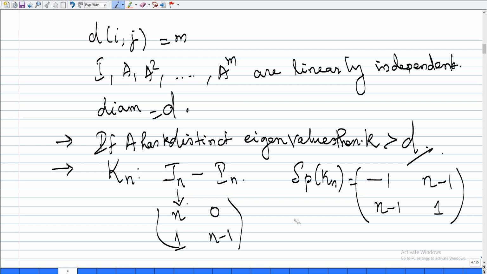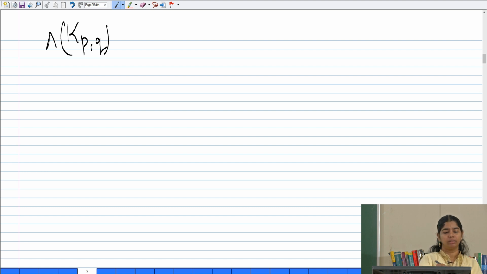So, can we say something quickly about K_{p,q}, the complete bipartite graph? We will look at the matrix representation for this complete bipartite graph. So, how will my matrix look like? The adjacency matrix of the complete bipartite graph. Suppose I order the vertices so that the first few rows take all the vertices from the first partition.